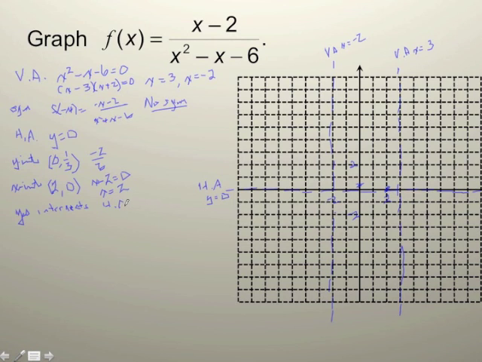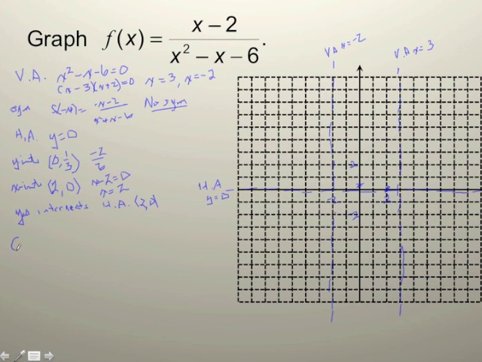Intersects the horizontal asymptote at 2, 0. We've already calculated that. The next thing to do would be to check the points. As we go along the x-axis, we start from negative infinity. The first thing we run into is negative 2.